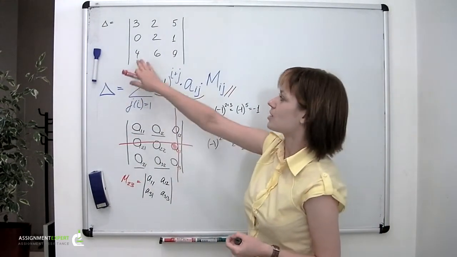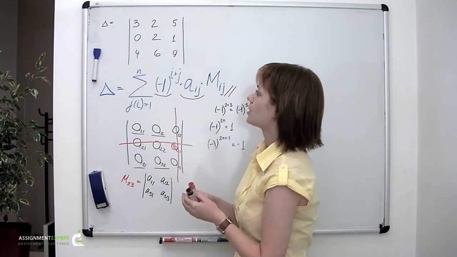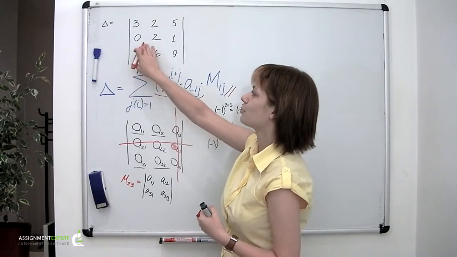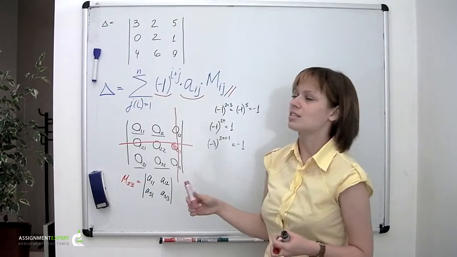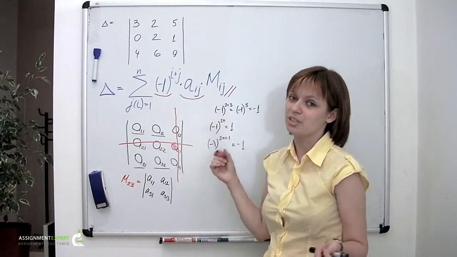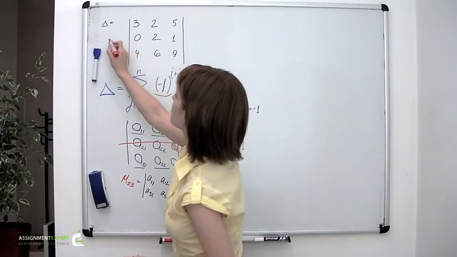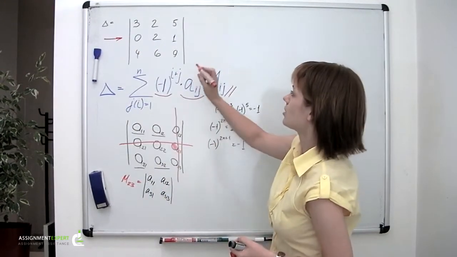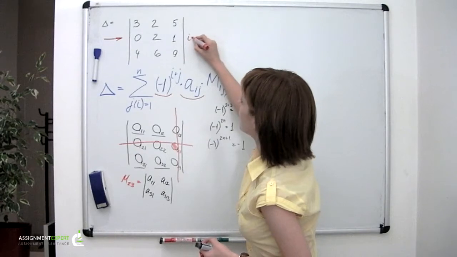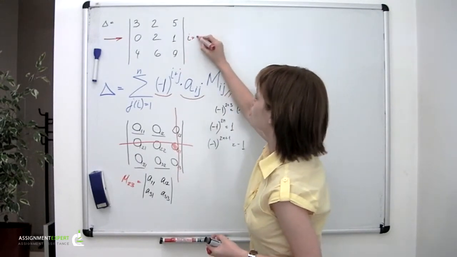So in our particular case right here, I would suggest picking row number 2 because it contains 0, 1, and 2. This means that the further calculations will be easier, more simple. So we're picking the second row. This means that we're setting i to a value of 2.